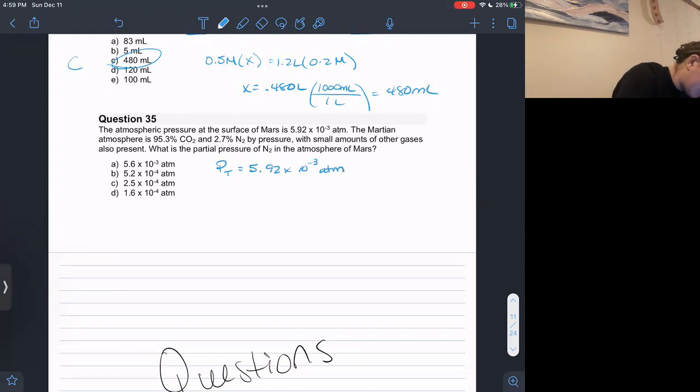So if I were to get the partial pressure, the pressure of N2 divided by the total pressure would be equal to 0.027, or 2.7%. So I think I'm able to just plug in P total. This would be PN2 divided by 5.92 times 10⁻³ is equal to 0.027.